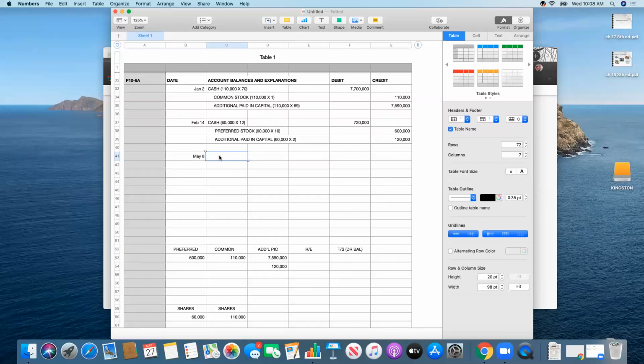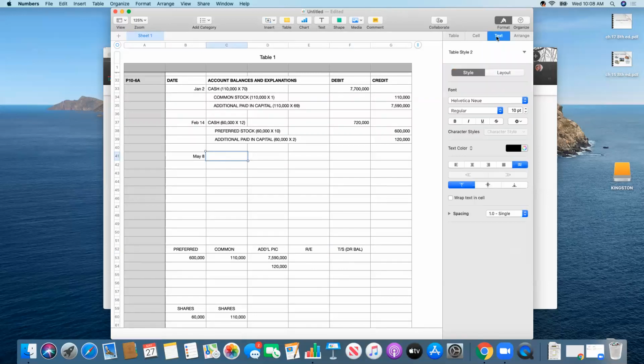So what do they want? May 8th. Purchase 11,000 shares of its own common stock, $60 a share. Debit treasury stock: 11,000 shares times, what did they pay? 60.